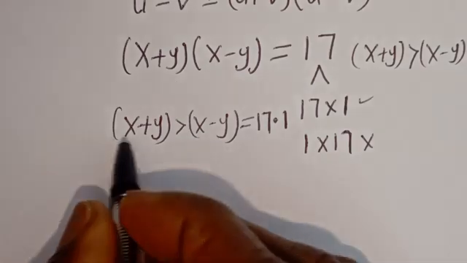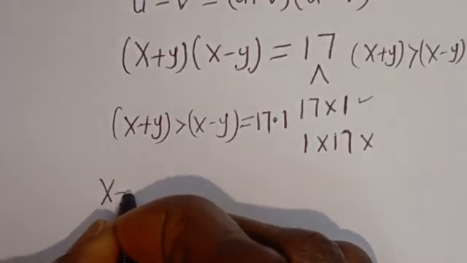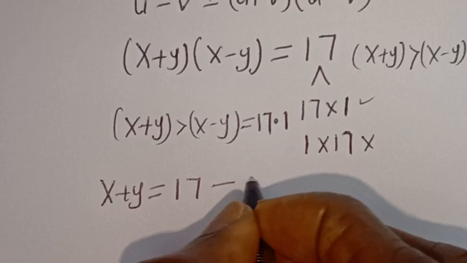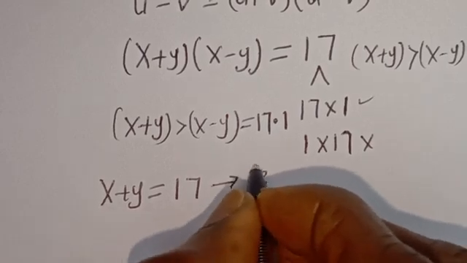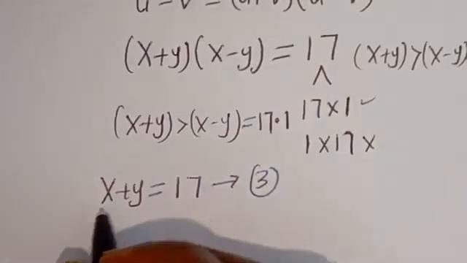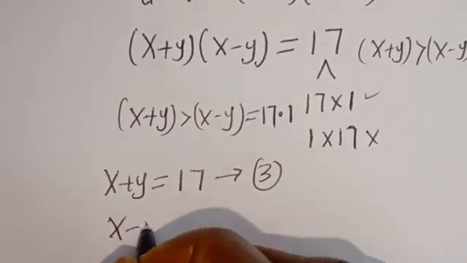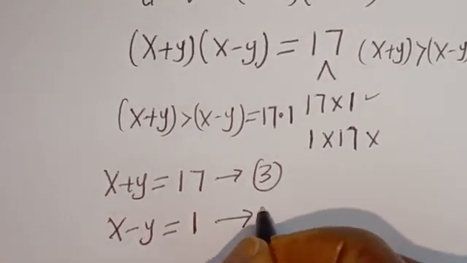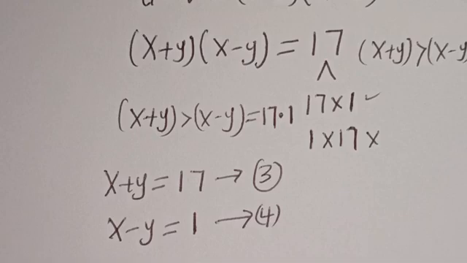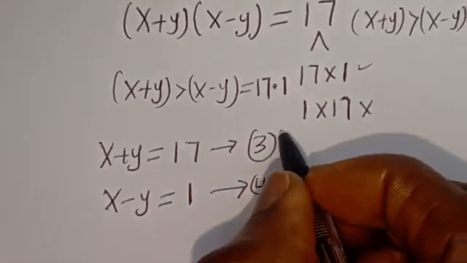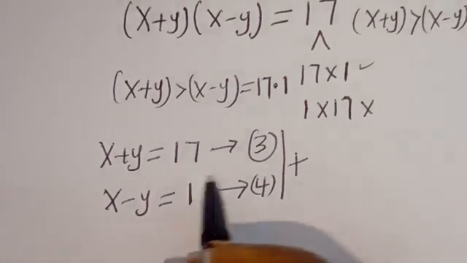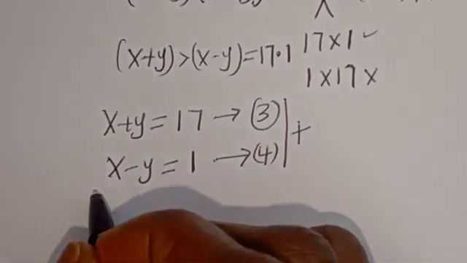Then x plus y is equal to 17. Let's call this equation 3. And x minus y is equal to 1. Let's call this equation 4. We can then solve equations 3 and 4 simultaneously using the elimination method by adding the two equations together.